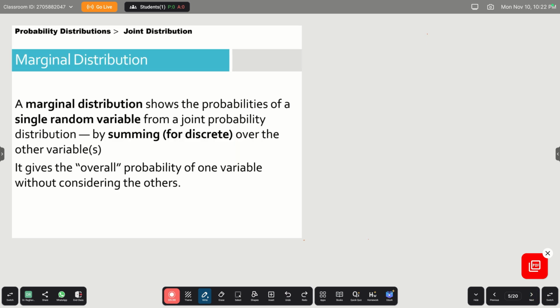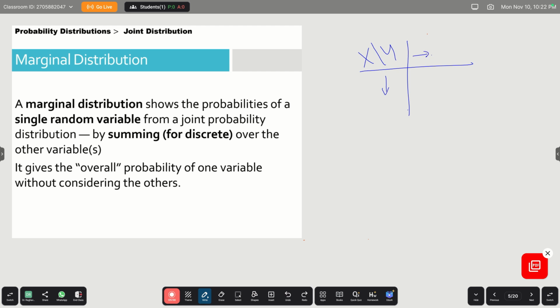Let us understand what a marginal distribution is. It is the probability distribution of a single random variable from a joint probability distribution. Suppose we have a joint probability distribution on two variables, x and y.